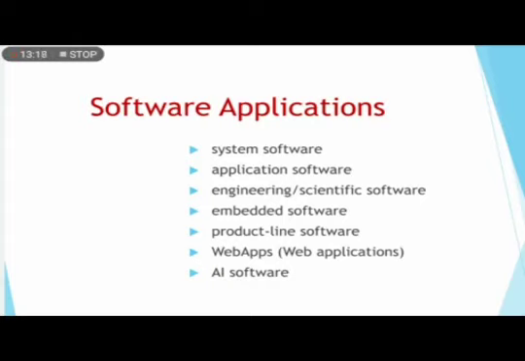Now next one is the embedded software. Embedded software resides within a product or a system and is used to implement and control features and functions for the end users and for the system itself.